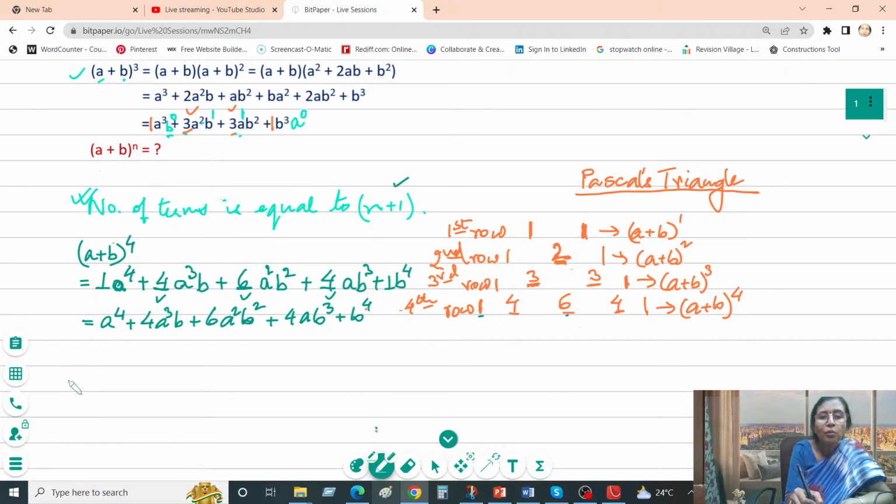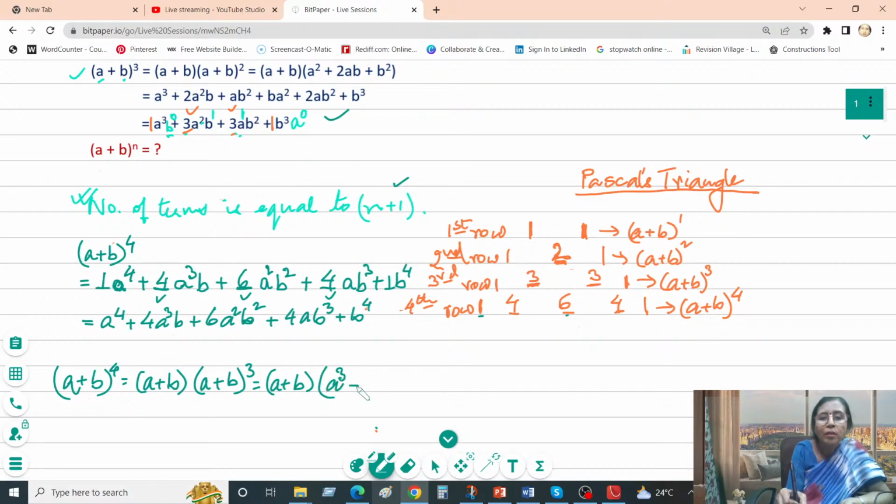Okay. So, I take a plus b to the power of 4 again. This is equal to a plus b times a plus b to the power of 3, which is equal to a plus b, and I am just copying this part.